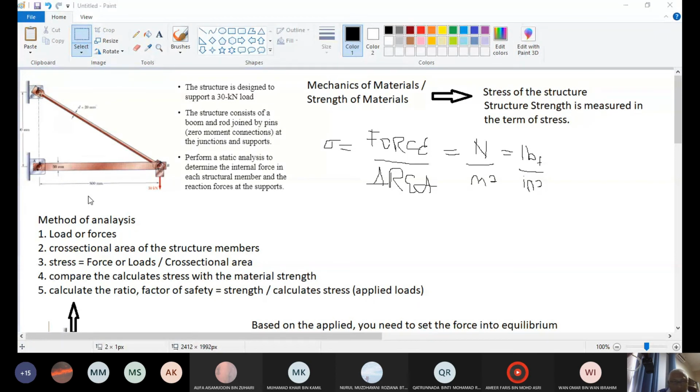What else do we have? Okay. Now let's just do the design.